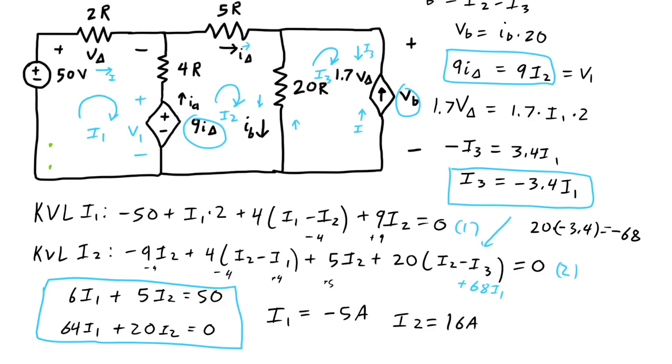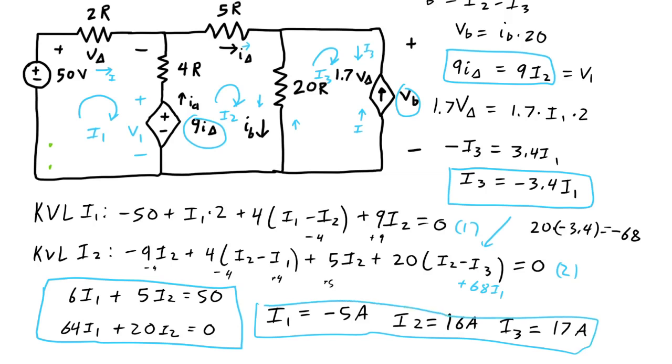And by extension, we can find I3, because I3 is minus 3.4 times I1, so 3.4 times minus, that means I3 is 17 amps. Okay, so now we have all our mesh currents solved. We can find out the rest of the stuff we need for the circuit.